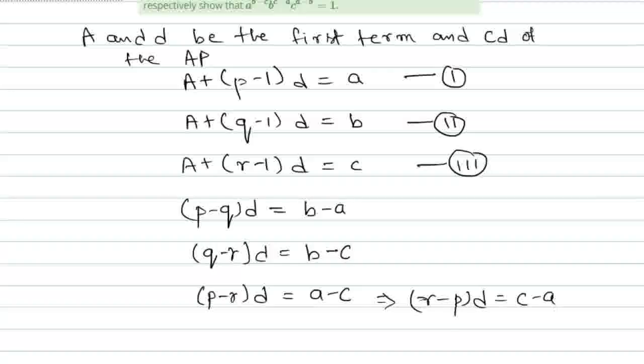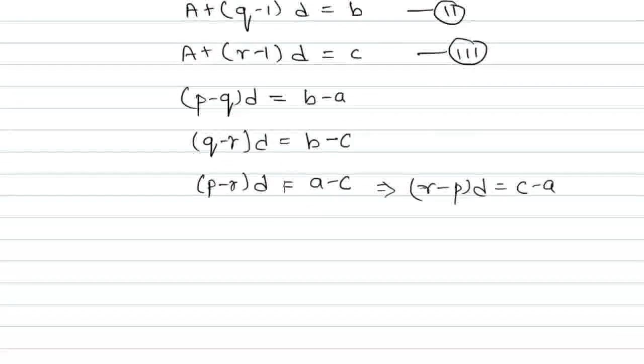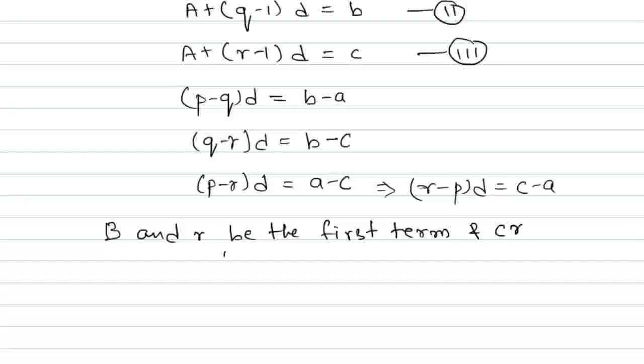Now, as the three terms are also in GP, as a, b, c are in GP, let us suppose that B be the first term and R be the common ratio of the GP. Then we can say that a will be equal to B into R to the power P minus 1.